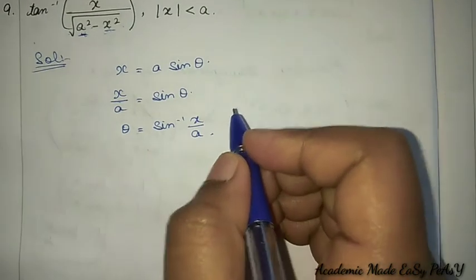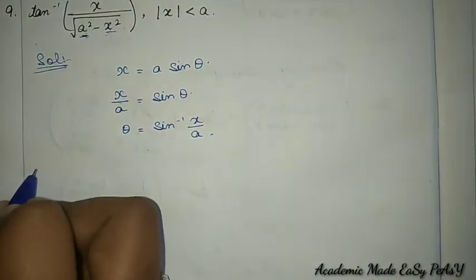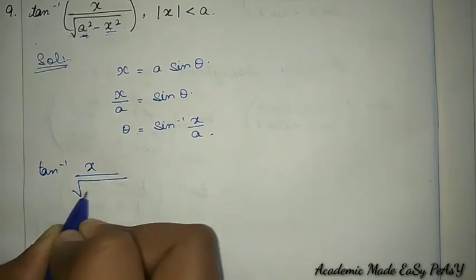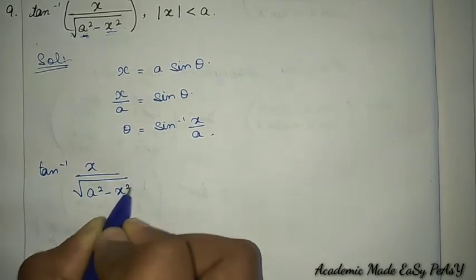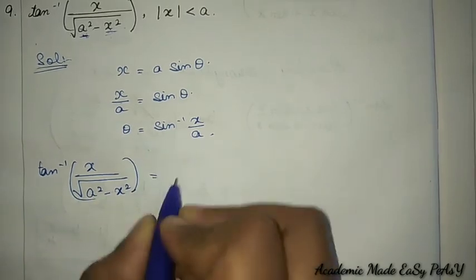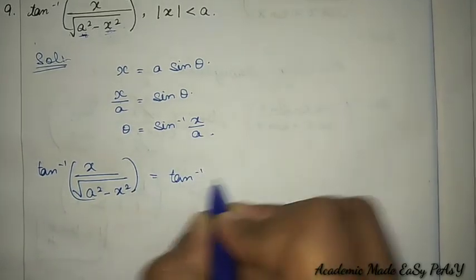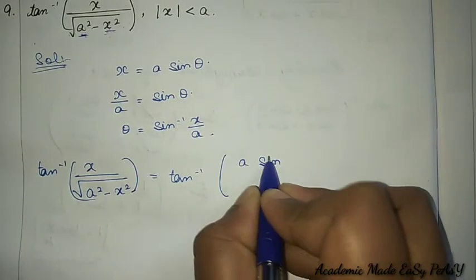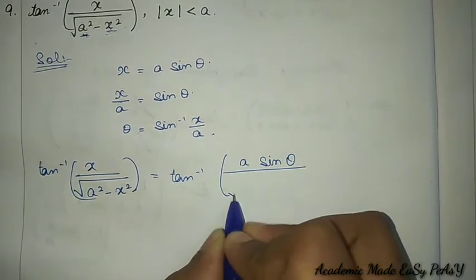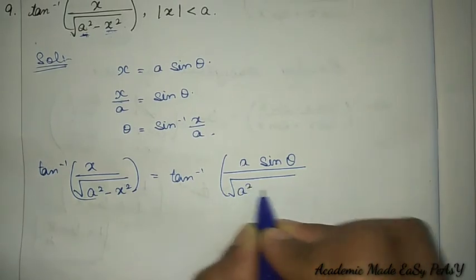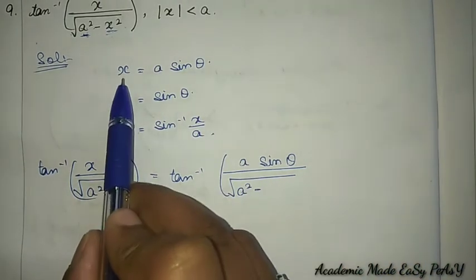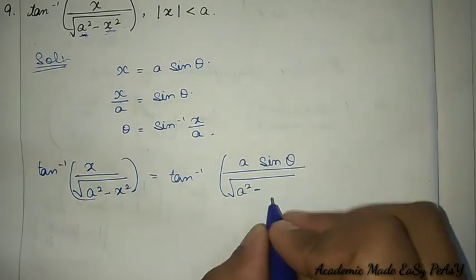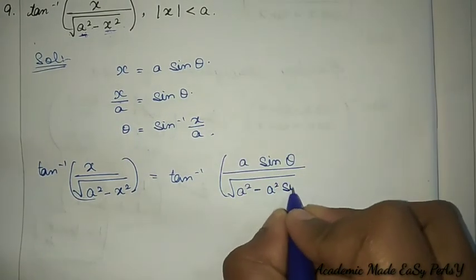So if I start substituting, I will write tan inverse of x by root of a square minus x square. What is my x value? A sine theta, isn't it? So a sine theta divided by root of a square minus x square, and if x is a sine theta, I will have a square sine square theta.